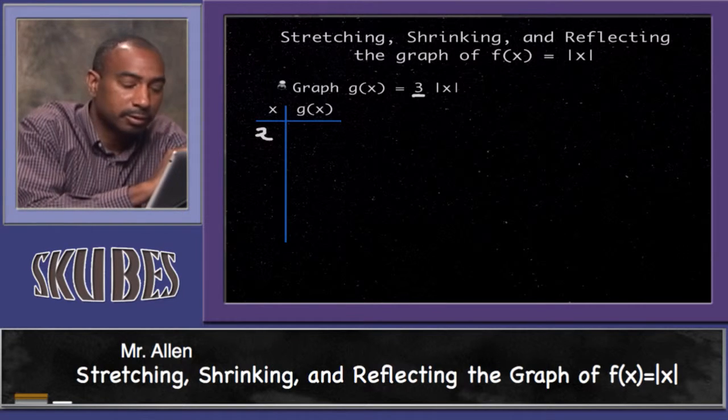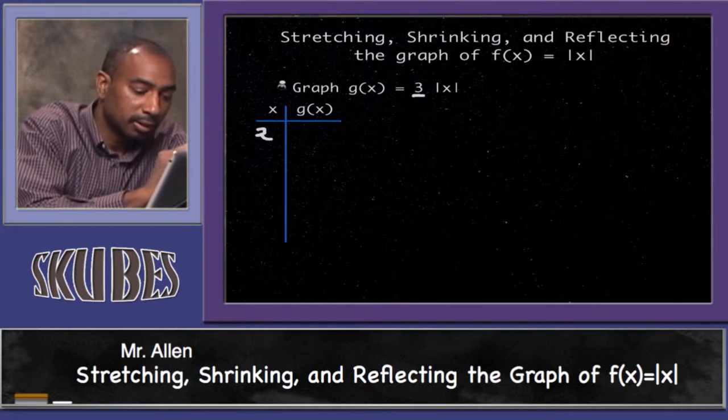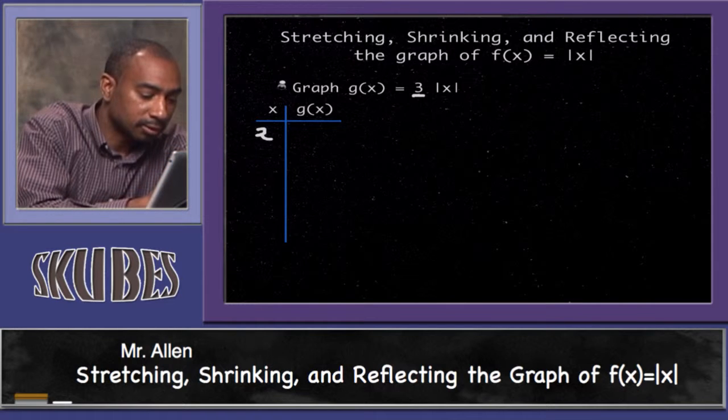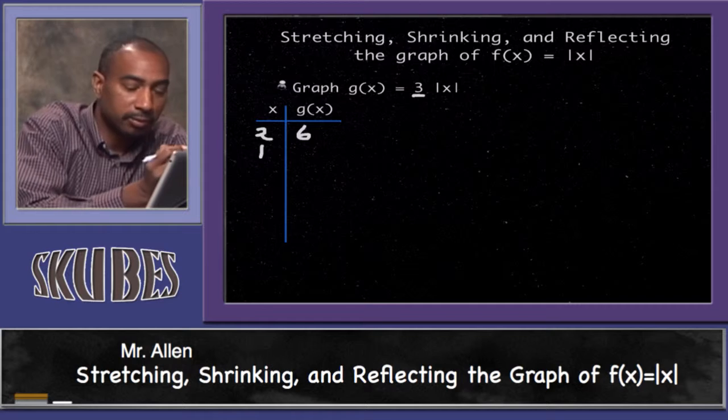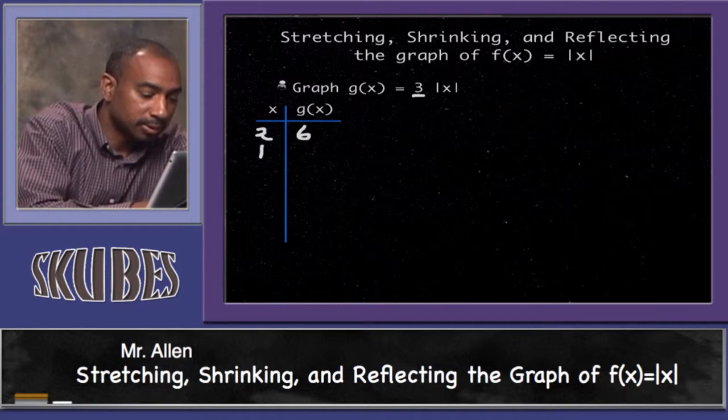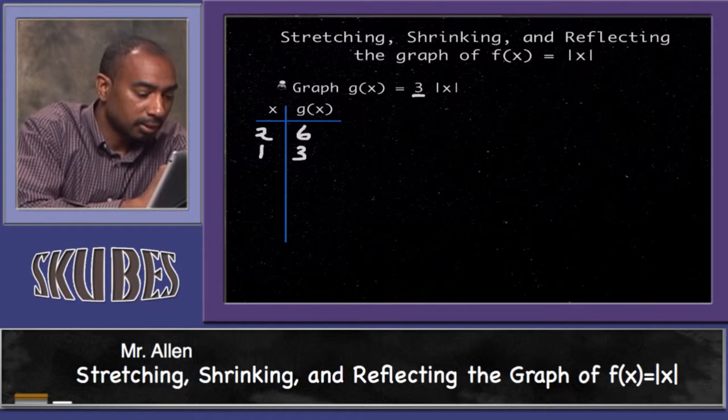The absolute value of 2 is 2, and 2 times 3 is 6. If I try 1, the absolute value of 1 is 1, and 1 times 3 is 3. If I do 0, you're still going to get 0.